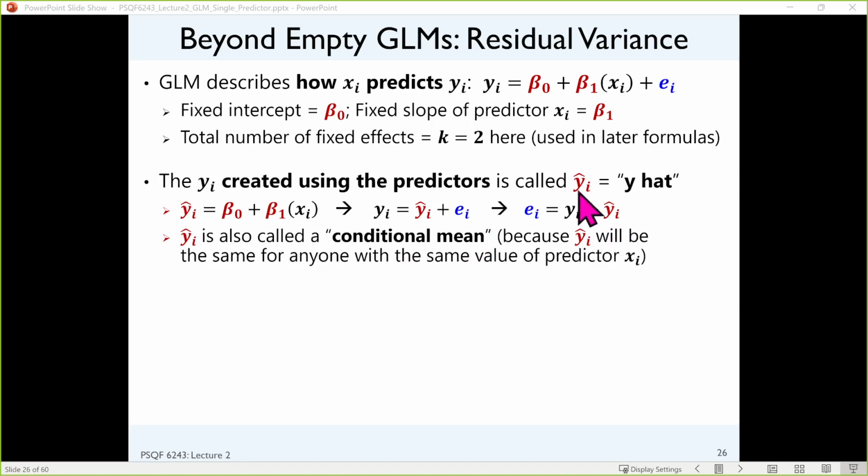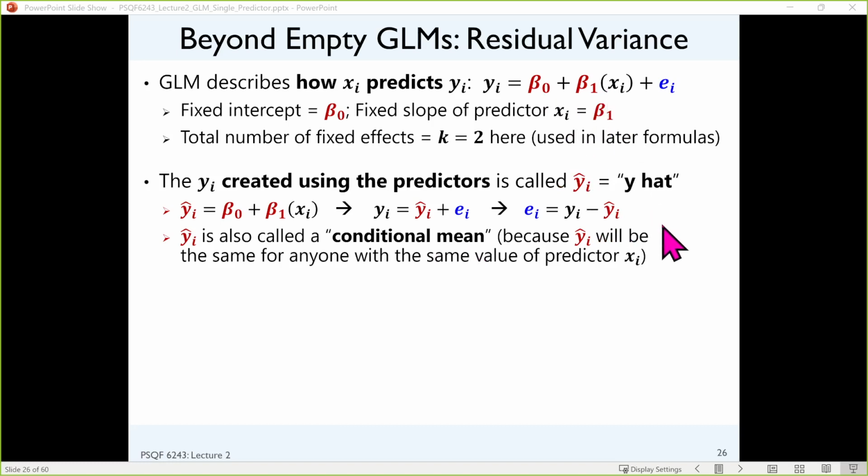So this term has a lot of synonyms to it. You can think of it as the predicted outcome, the expected outcome. Another term that you will see is conditional mean, because if we didn't have any predictors in the model, y hat would just be the mean. And now that we have added a predictor x, y hat is conditional on x.